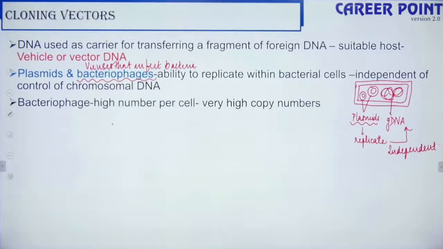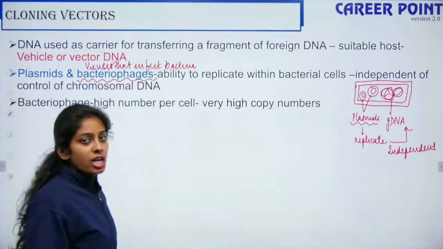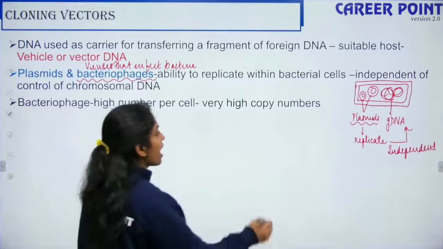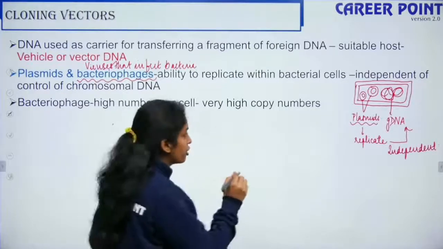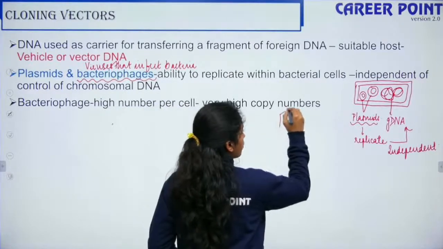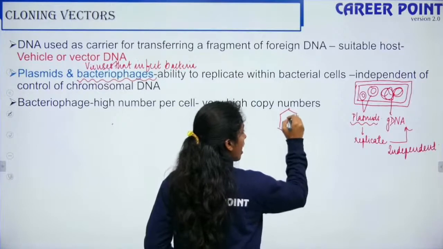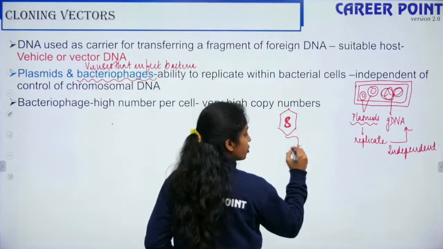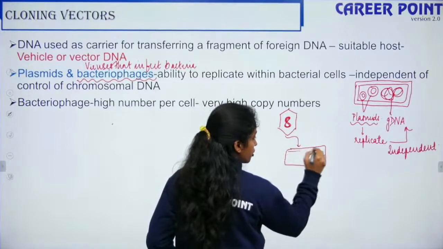Bacteriophage has a high number per cell, which means it produces very high copy numbers. For example, what is a bacteriophage? A virus which is getting inserted into a bacteria is a bacteriophage, right?